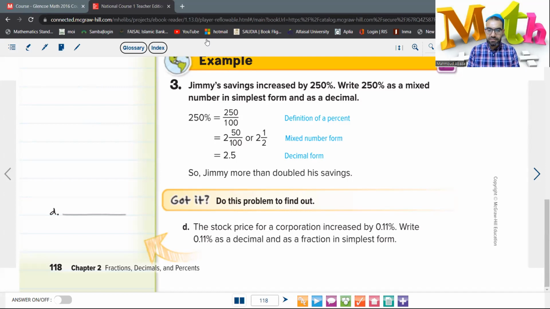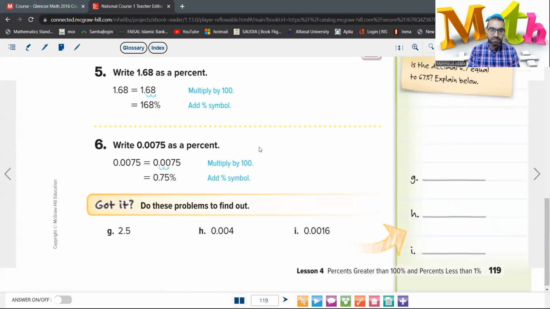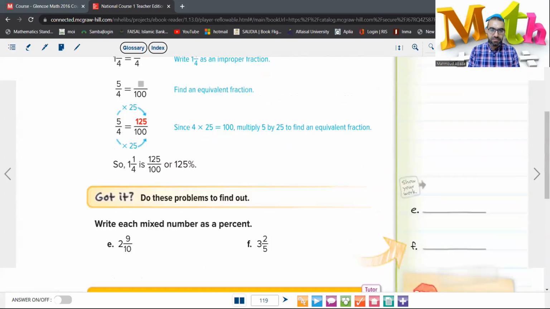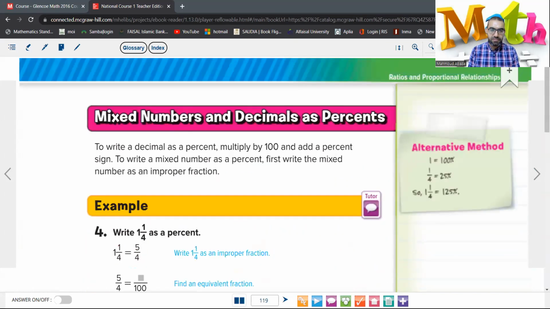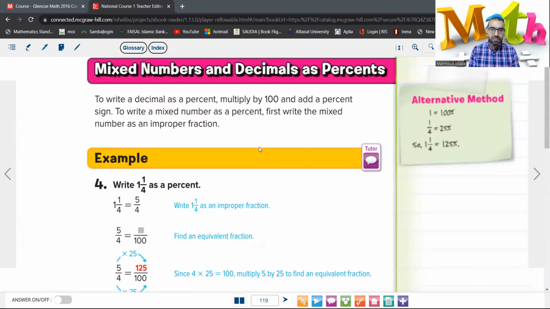Moving on. Mixed numbers and decimals as percent.